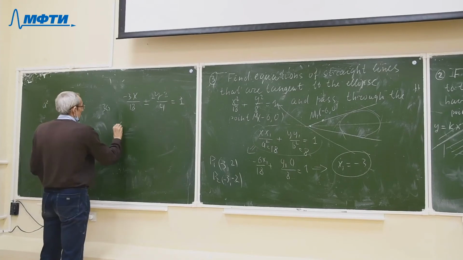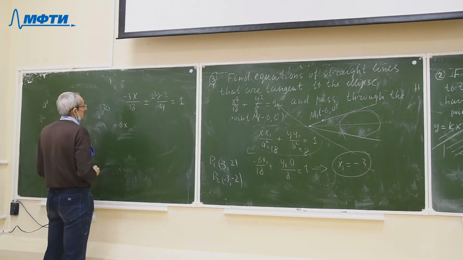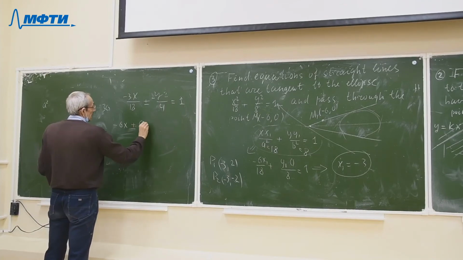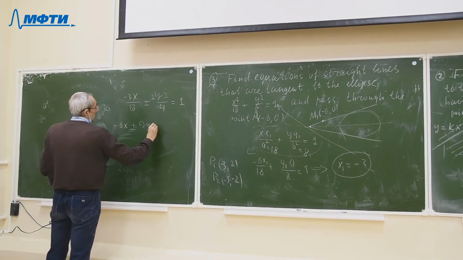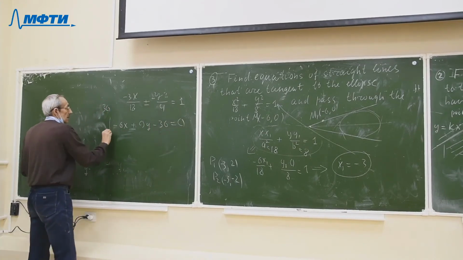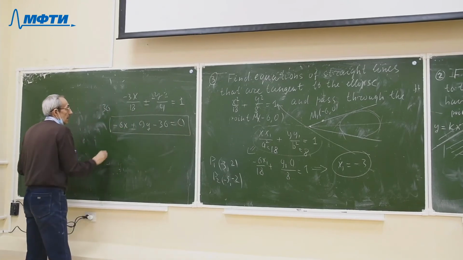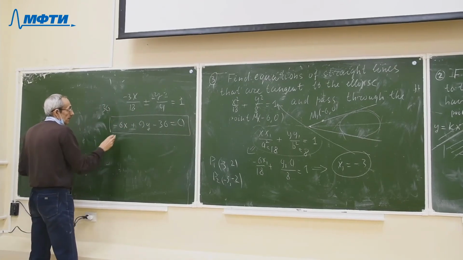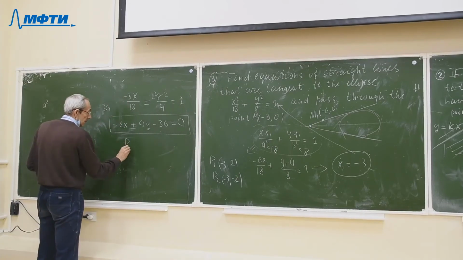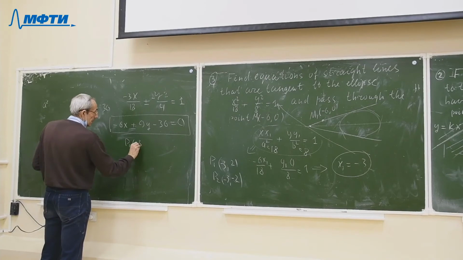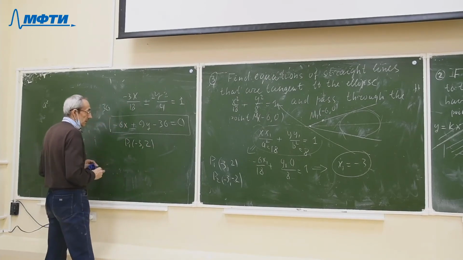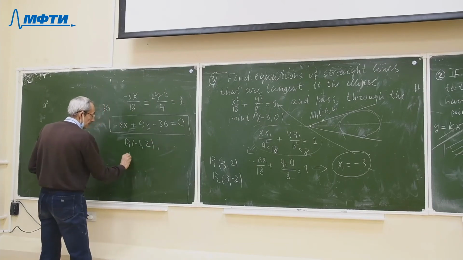And we obtain -6x plus or minus 9y minus 36 equal to 0. We have two tangents and two points of contact of these tangents and our curve.